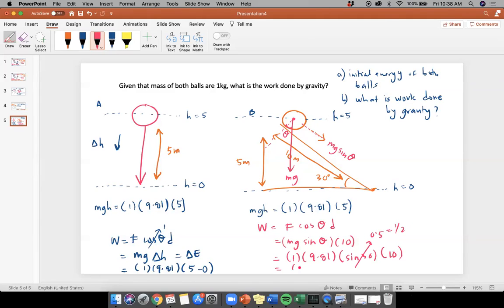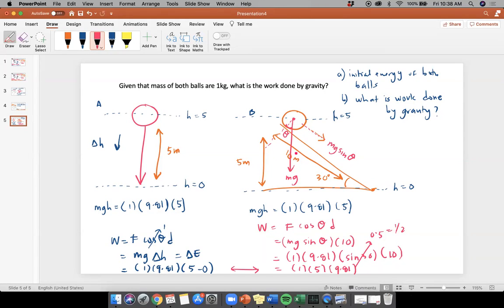So this becomes 49.05, the same as before? Yes, it's the same, even though I solved it using an incline.